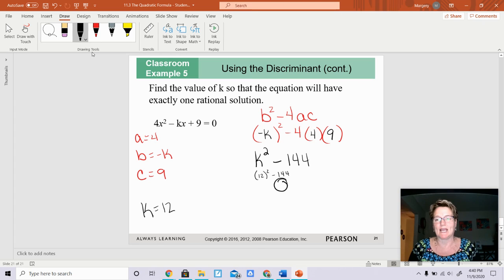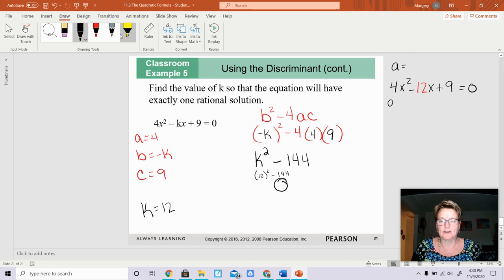If you wanted to check it, you would go, a is, well, here, 4x squared minus 12x, sorry, that's an x, my bad. 12x plus 9 equals 0. So your A is 4, your B is negative 12, and your C is 9.